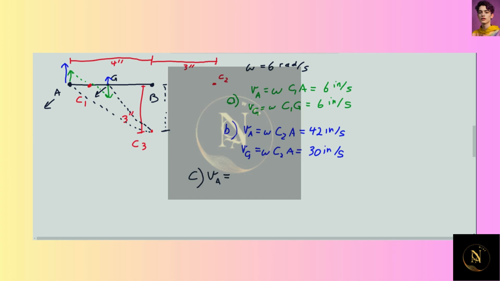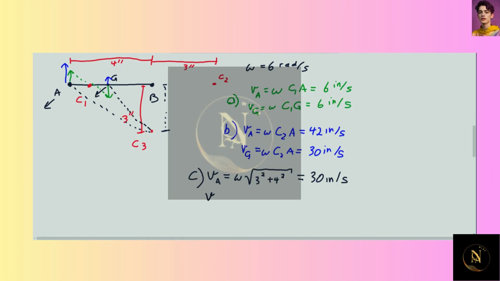So we have VA equals omega times C3A, which will just be the square root of 3 inches squared plus 4 inches squared, which is just a 3, 4, 5 triangle, so that's just 5, and we get VA is 30 inches per second.